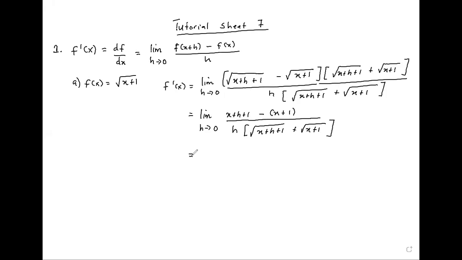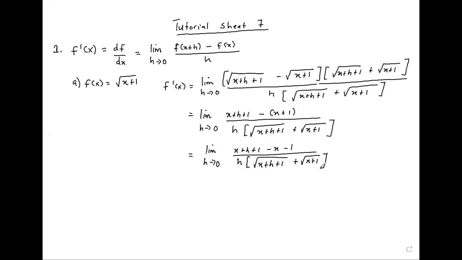So we keep writing the limit until we do something that concerns the limit. So far, there is nothing that concerns the limit. So we have x plus h plus 1 minus x minus 1 over h, the root of x plus h plus 1 plus the root of x plus 1.